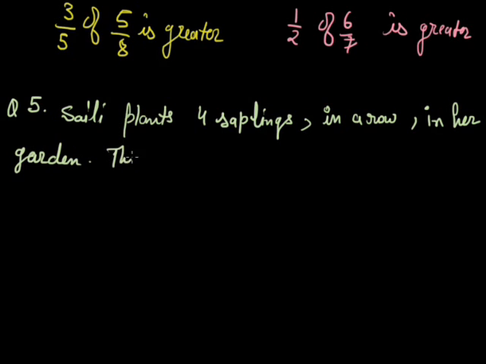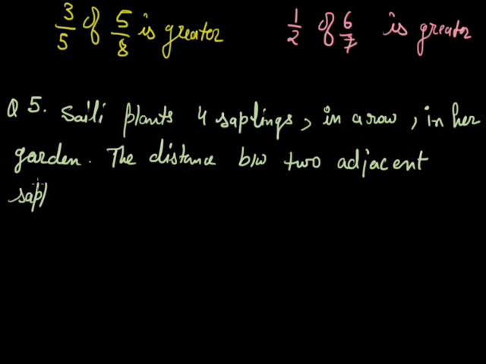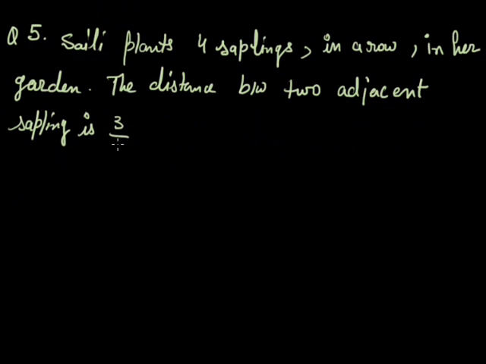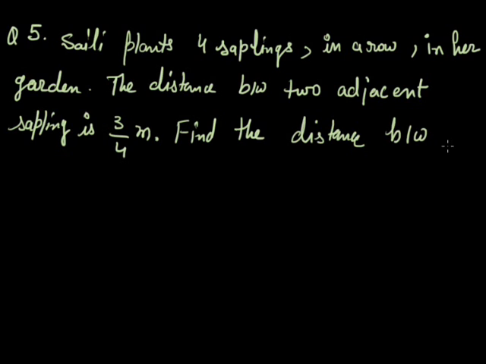The distance between two adjacent saplings is 3 by 4 meter. Find the distance between first and the last sapling.